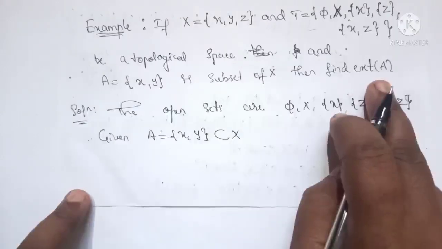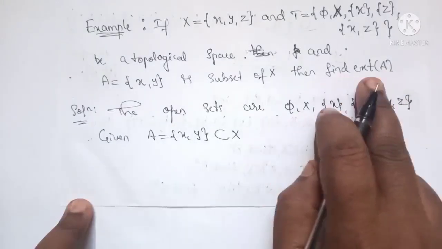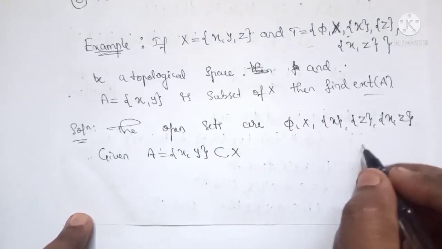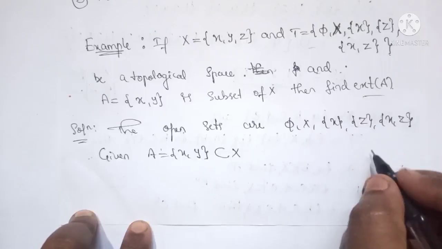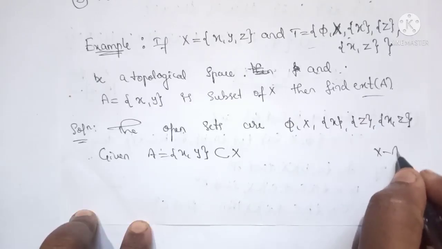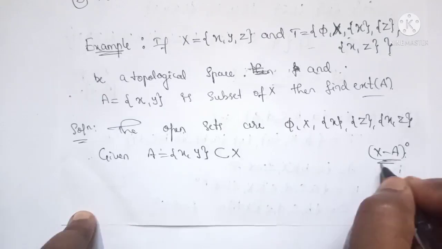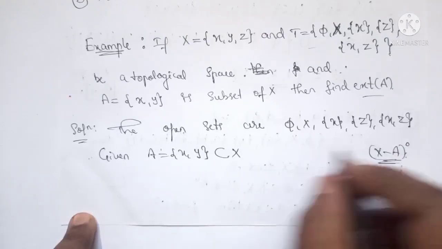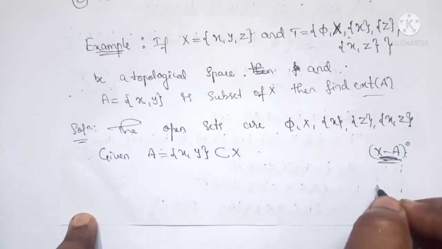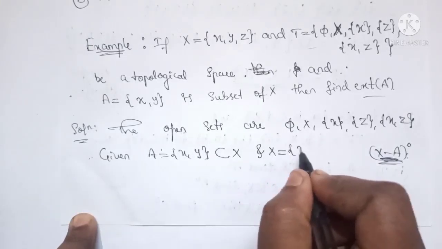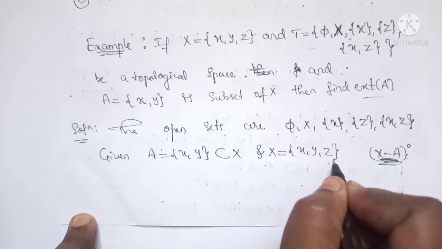Exterior of A is defined by (X minus A) interior, that is interior of X minus A. So first we need the complement of this A. X minus A is nothing but the complement of A. Here first we write the set X. X is given by {x, y, z}.